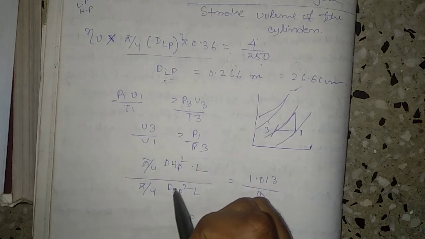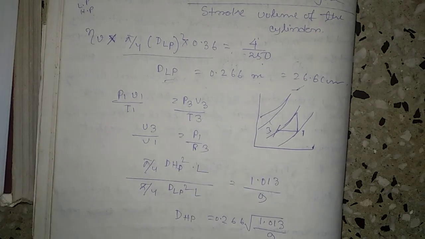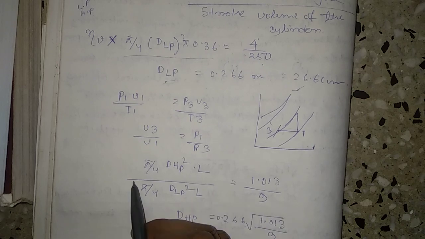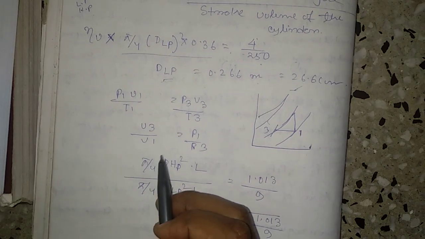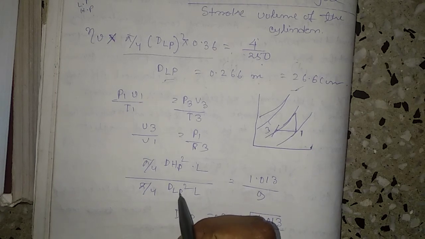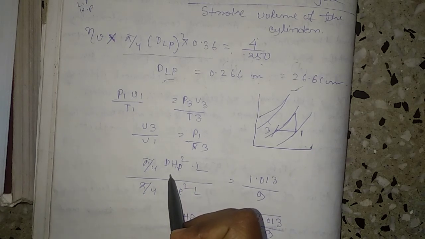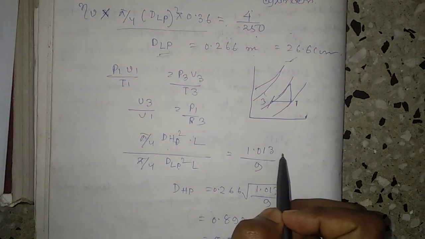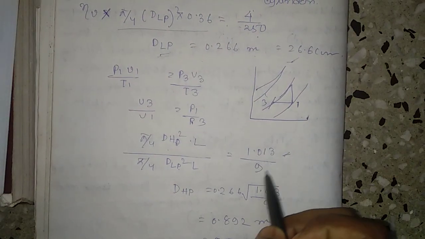V3 is nothing but the volume of the high pressure cylinder, that will be pi by 4 into d squared into L, and V1 is the low pressure cylinder volume, pi by 4 into d squared into L, so d will be d of low pressure here, and d of high pressure here. That is equal to P1 by P3. The value of P1 is given, 1.013, divided by P3, that is 9 bar.